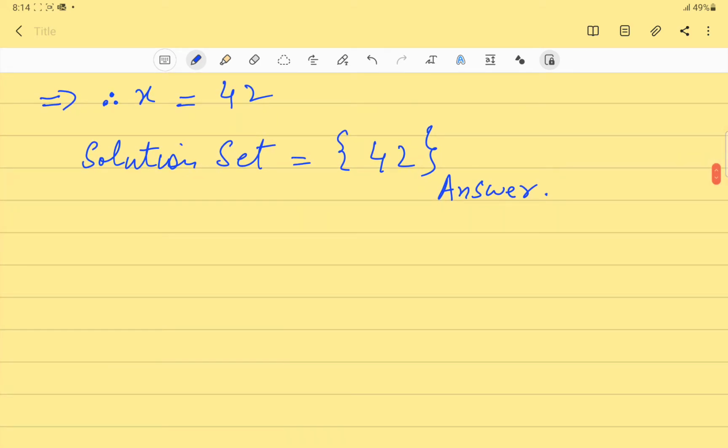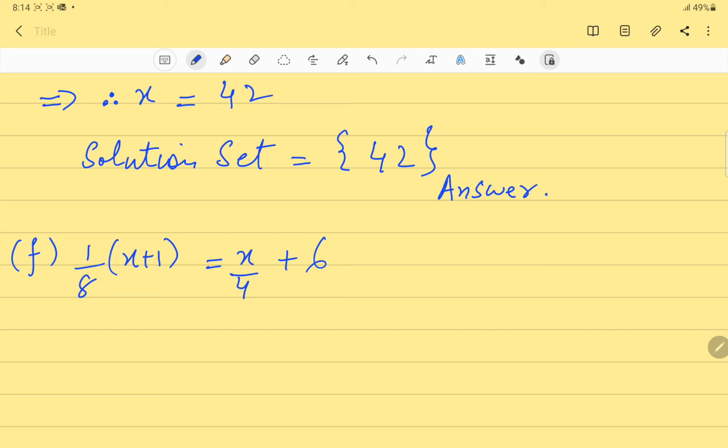Our next question, the sixth one, 1 over 8 into x plus 1 is equal to x over 4 plus 6. Again we have three fractions in this question.